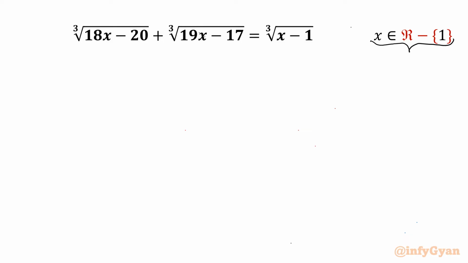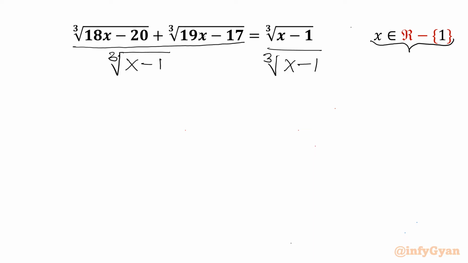So 1 is excluded, so I can divide both sides by our RHS, cube root of (x minus 1). This side also will be divided by cube root of (x minus 1). So RHS will be 1.